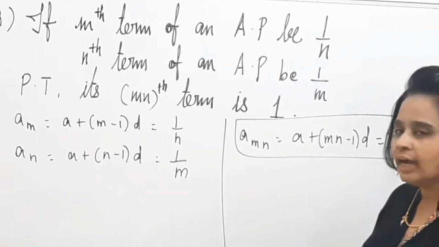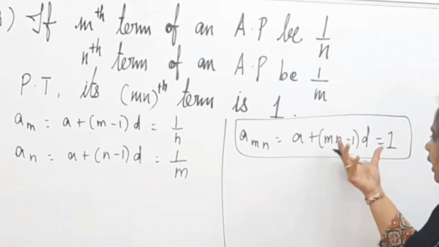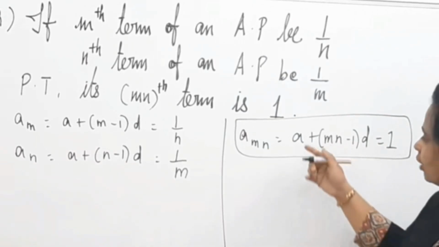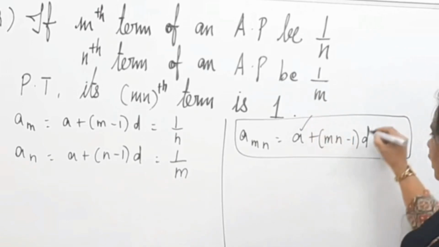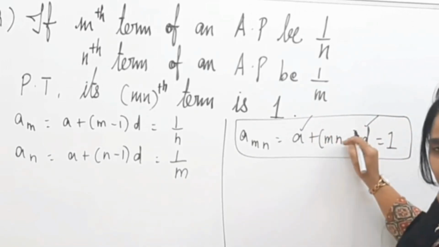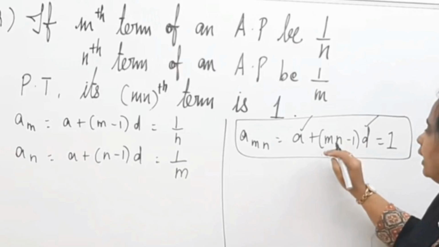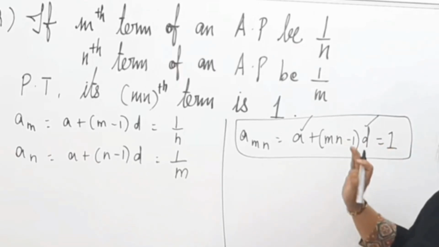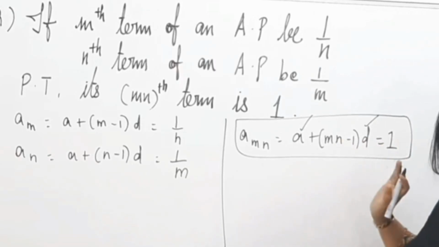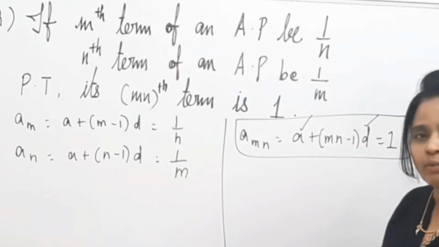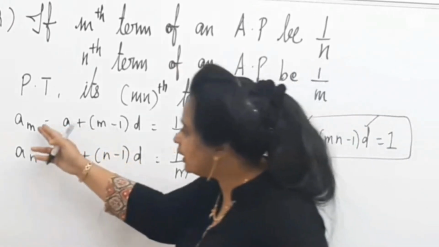This is what my aim is to prove. Now, what I would do to get my value equal to 1: I have to find my a, I have to find my d, go and substitute a and d in the equation, then you should get that value equal to 1. That's our aim. Now, what would I do when I am given two equations?